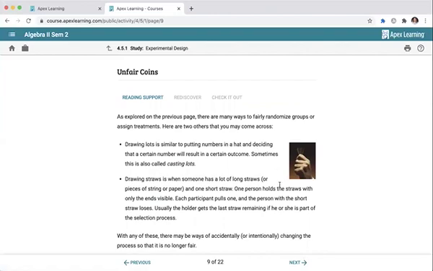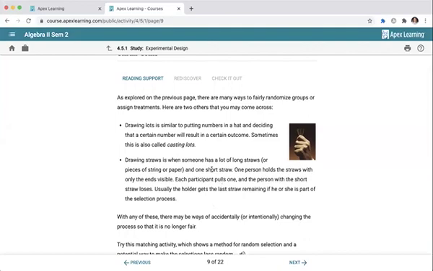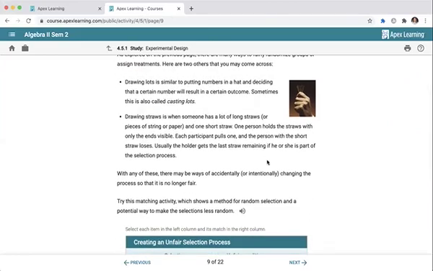All right. And then of course you noticed there's multiple times it says a fair deck or a fair dice. So again, of course, looking at things that are unfair. Of course, there's ways to accidentally or intentionally change that process so it's no longer fair.